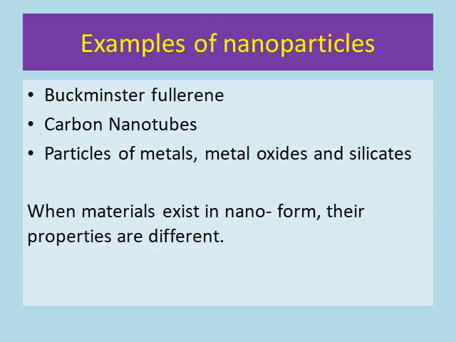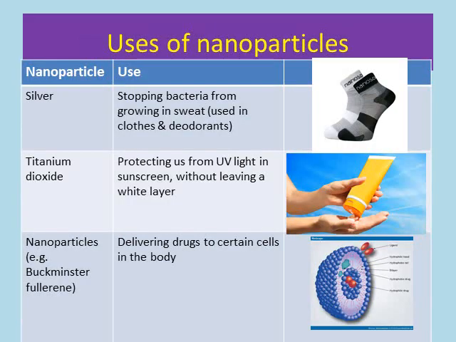But you can also get really, really small particles of metals, metal oxides, and silicates, which are on a nanoscale as well. And when materials exist on a nanoscale, they end up with slightly different properties compared with the properties that they would usually have if you had larger particles of them.